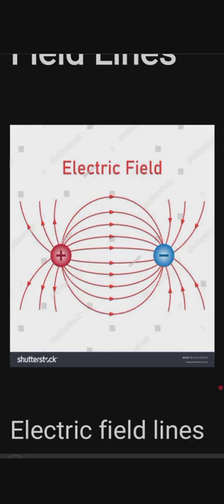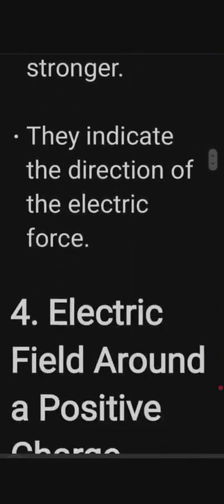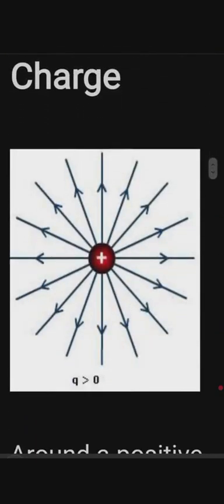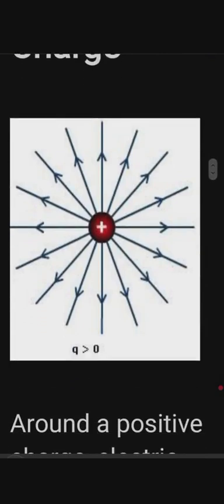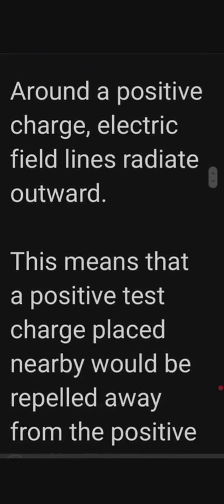So the electric field lines move from the positive charge to the negative charge. So this means that the electric field lines radiate or come out of the positive charge. So around the positive charge, you see lines pointing outwards, radiating from the positive charge.